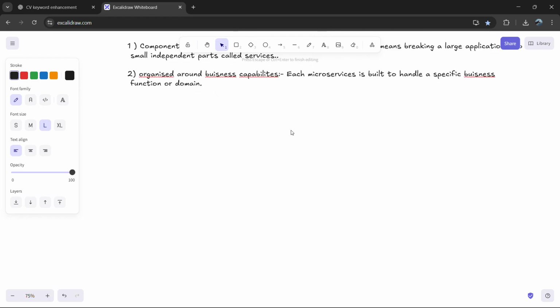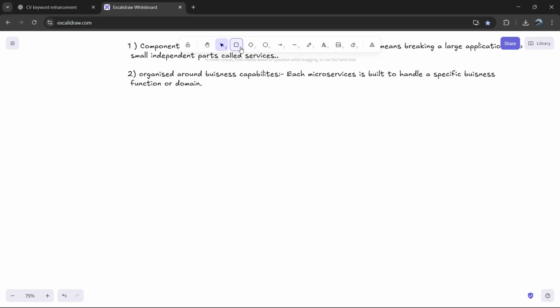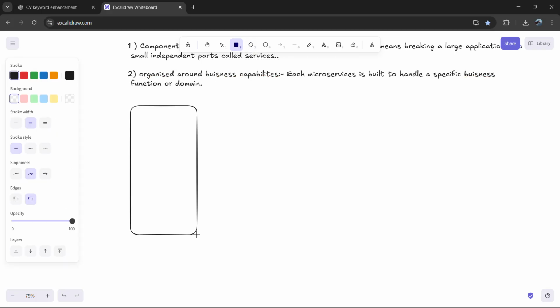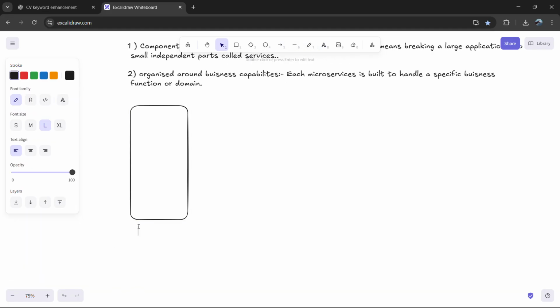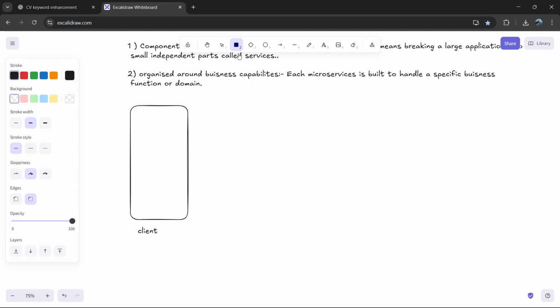Let's understand organized around business capabilities with the help of a diagram. Suppose this is our client, and this is the payment gateway.